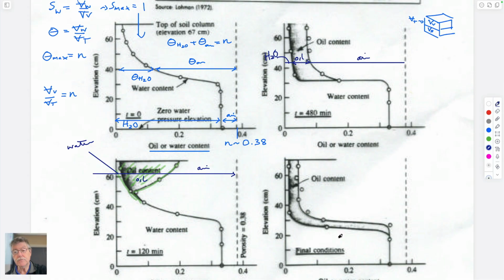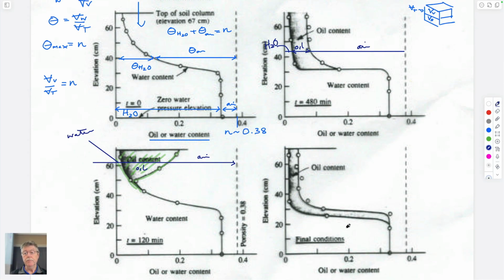And then finally, its resting point, which I guess is the main point of what we're talking about, is the QED, quod erat demonstrandum, right? And that is, if you take a section through here, again, this is the same. Air, oil from here to here, and water.